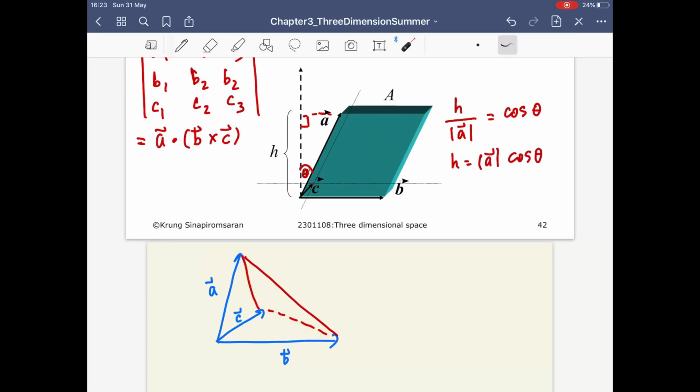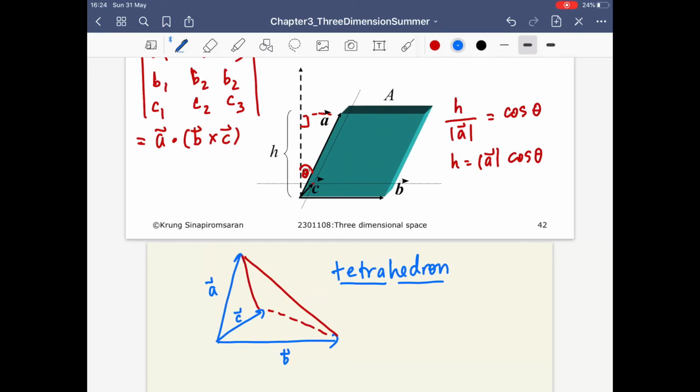So what you have is a pyramid with a triangular base, or sometimes we call it a tetrahedron. Tetra means 4 and hedron means face, so this figure has 4 faces.